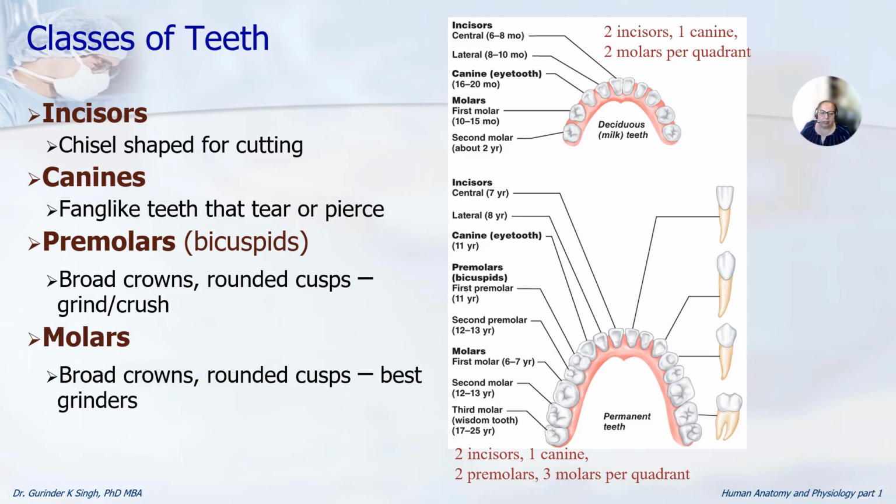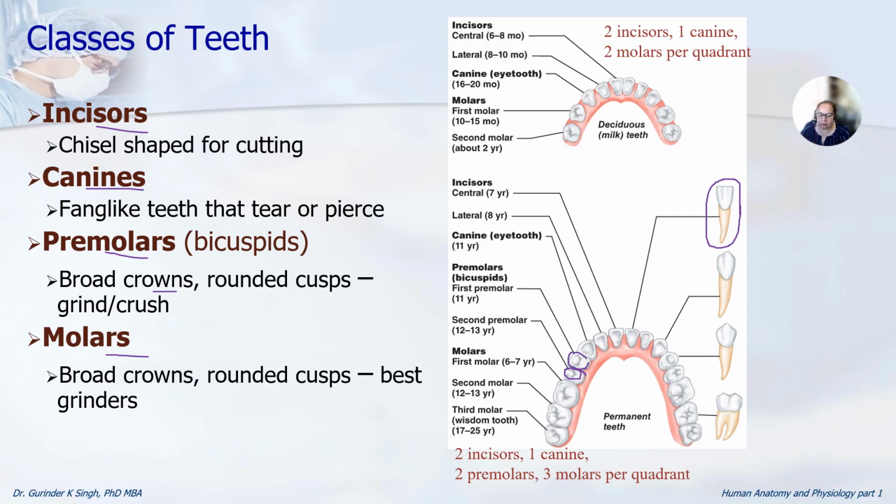As I mentioned in the earlier slide, the classes of teeth are the incisors, canines, premolars, and the molars. The shape can be described as follows: the incisors are chisel-shaped, and your canines are fang-like teeth, which are used more for tearing things. Then you have the premolars, which have a broader crown.